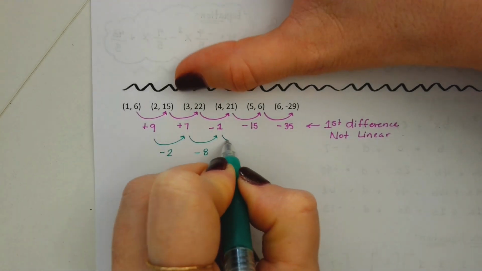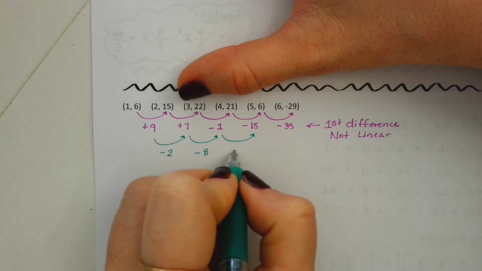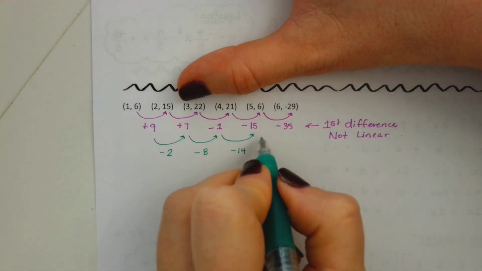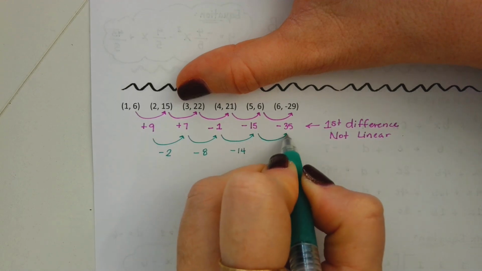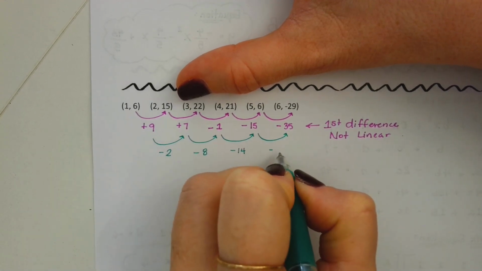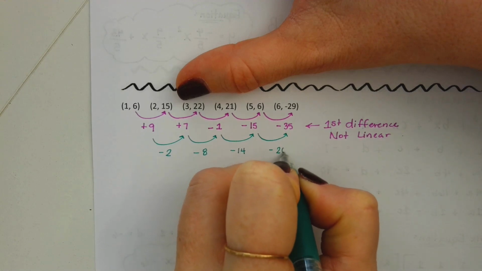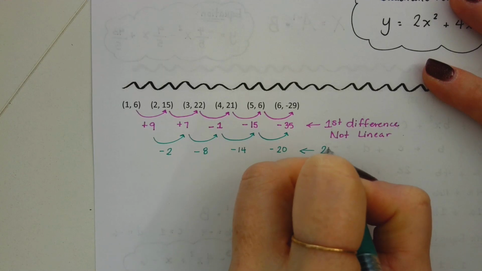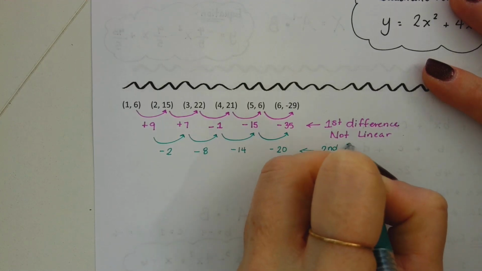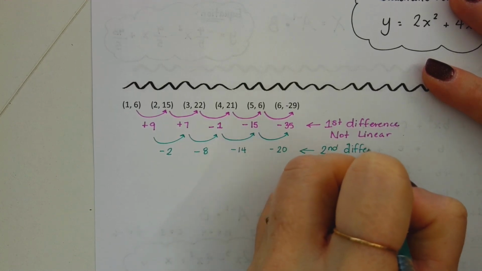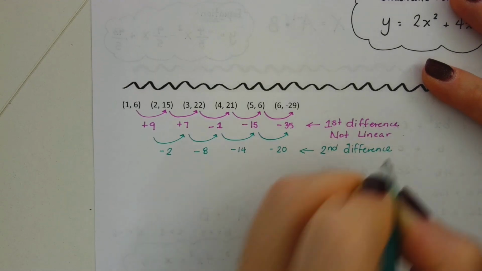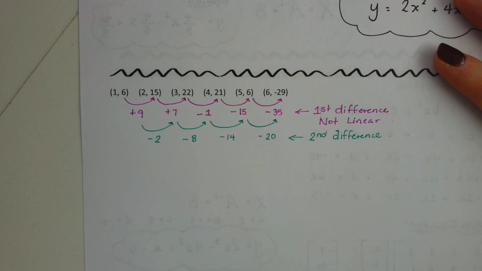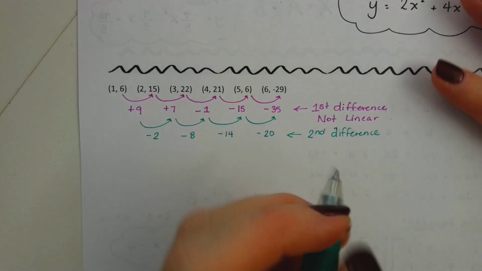And then -1 went to -15, that's a decrease of 14, good. And then -15 went to -35, which is a decrease of 20. Okay. So these differences are called the second differences. And again, just like the last one, these tell you whether or not your function is quadratic. If these are the same, it's quadratic. So what do we know about ours? Not a quadratic.